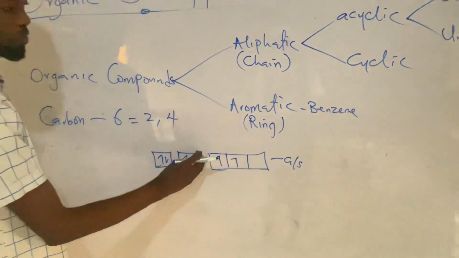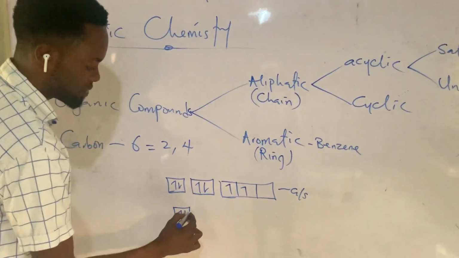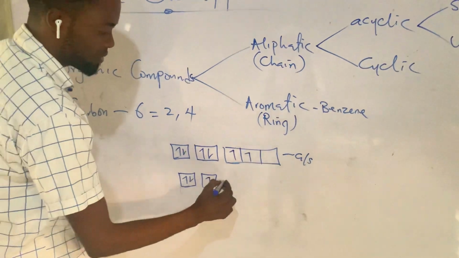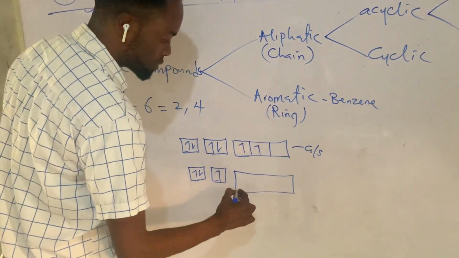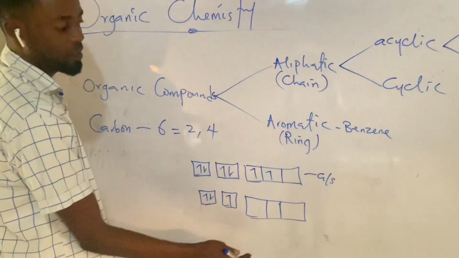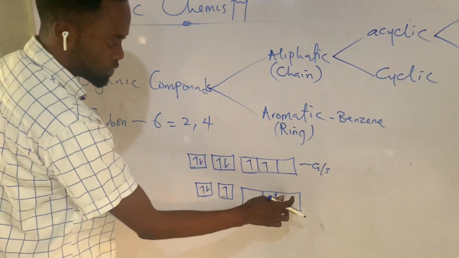Now, this electron will jump over here. That is chemistry for another topic. So, one electron will jump from here down here. That is what we call excitation. Excitation is the movement of an electron from the penultimate orbital to the ultimate, that is, second to the last to last. Remember, we have 1, 2, so this was empty before.